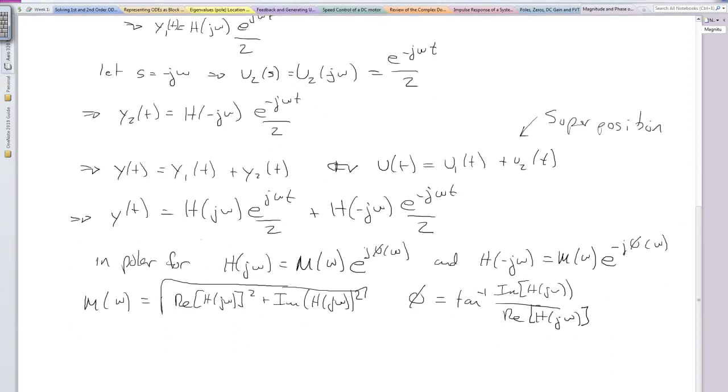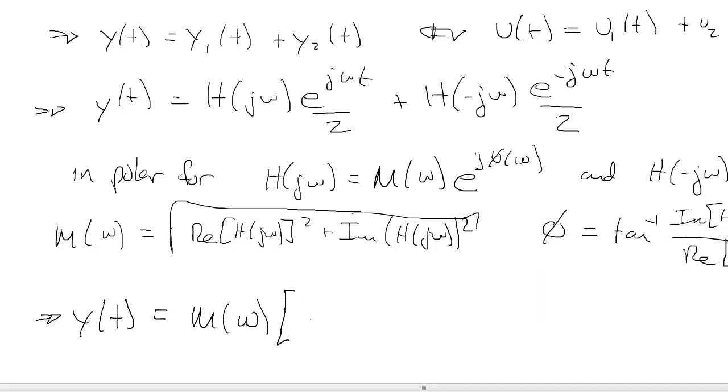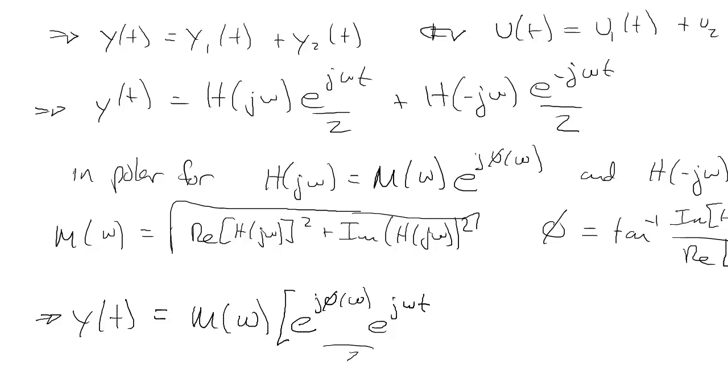So using these relationships, we can plug that into the equation for y of t, and we end up with y of t equal to M of omega times e to the j phi of omega times e to the j omega t over 2 plus e to the minus j phi of omega times e to the minus j omega t over 2.